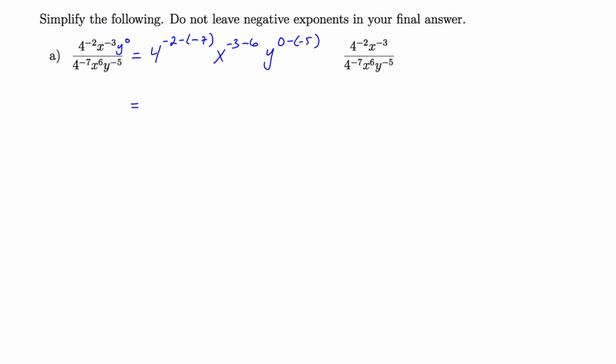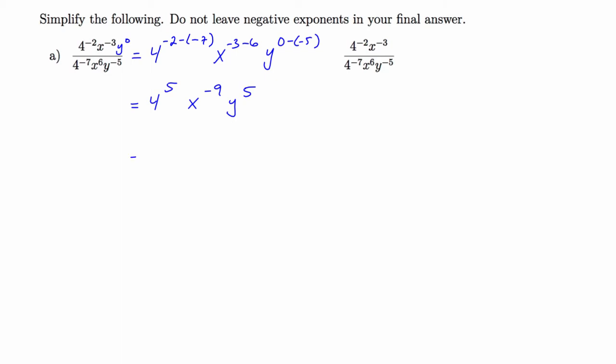If we go ahead and do those subtractions, negative 2 minus negative 7 on the 4 gives us a positive 5. X to the negative 3 minus 6, negative 3 minus 6 is negative 9. And y to the 0 minus negative 5 becomes a positive 5.